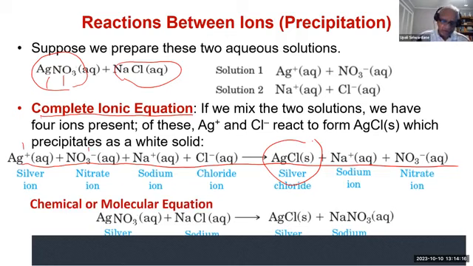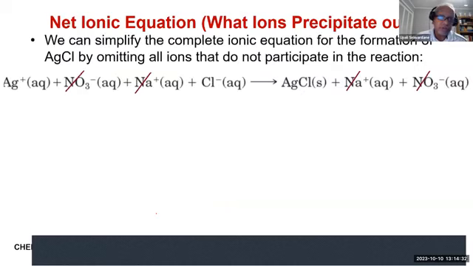There's a molecular equation when you don't have ions, but the formulas of compounds. That's a regular chemical equation. That's called the molecular equation or chemical equation. The complete ionic equation right here is the same thing I showed here.